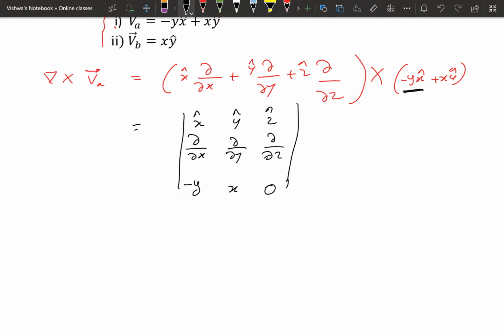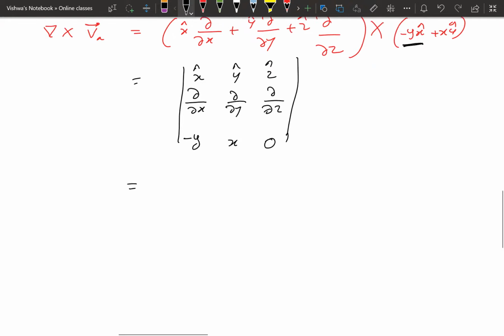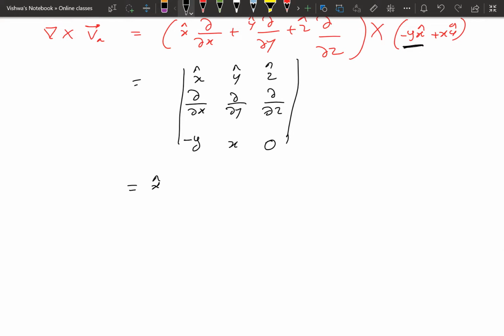How to solve this? x cap into the cross product of these two terms in opposite order. So dou y by dou 0 is there, minus dou x by dou z. Next is the middle term, minus y cap into the bracket.